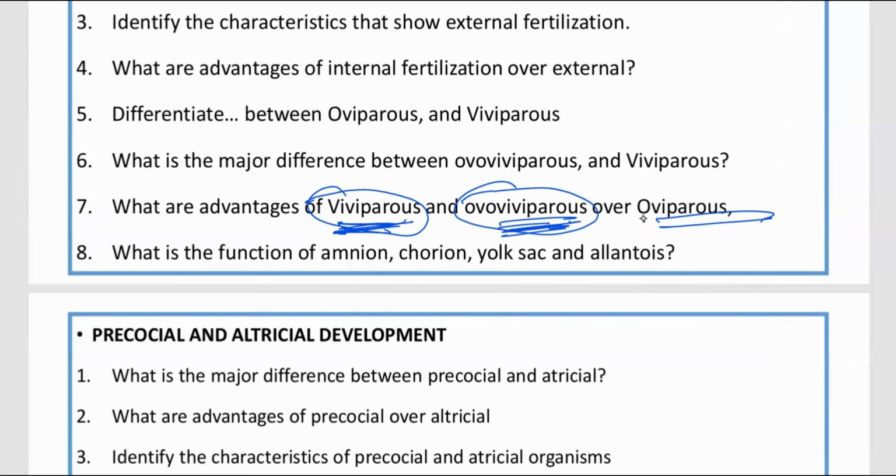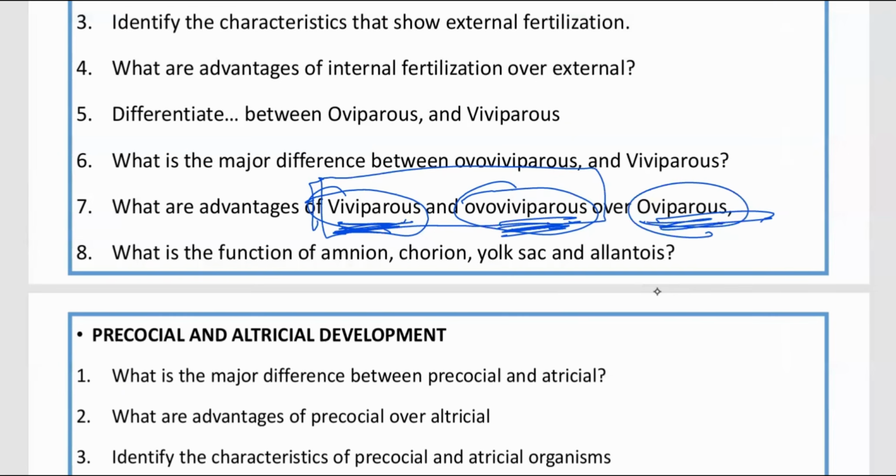But when the development is outside, the mother might not be there. So it's easy for the predator to feed on that prey. So here, there are high chances of the embryo to develop.